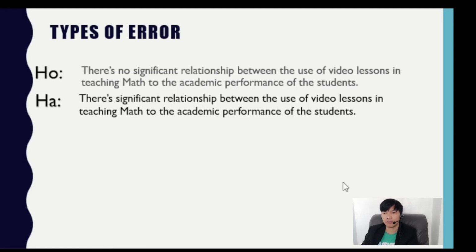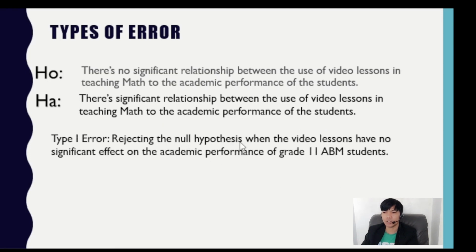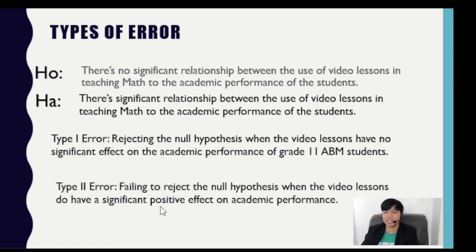So type 1 error would be rejecting the null hypothesis when the video lessons have no significant effect on the academic performance of grade 11 ABM students. Type 2 error is failing to reject the null hypothesis when the video lessons do have a significant positive effect on the academic performance.